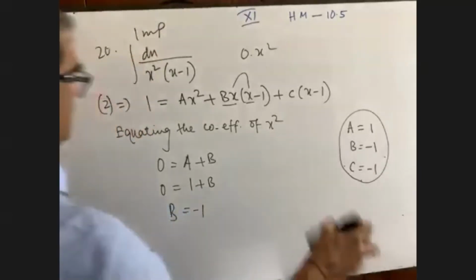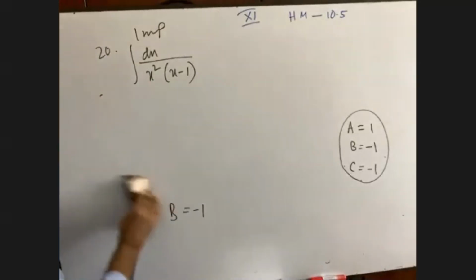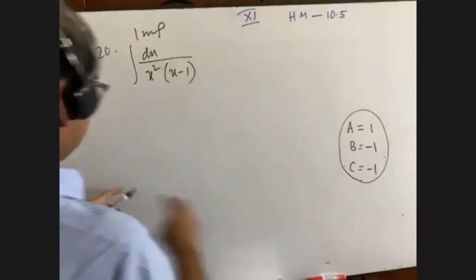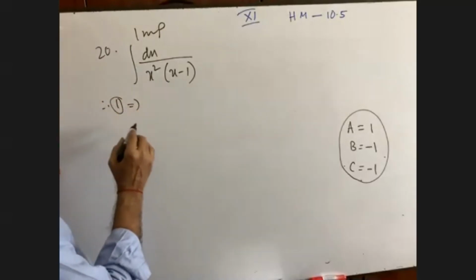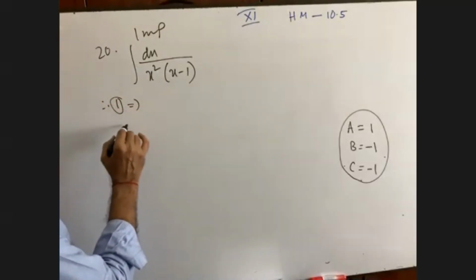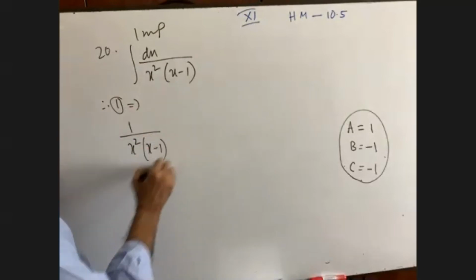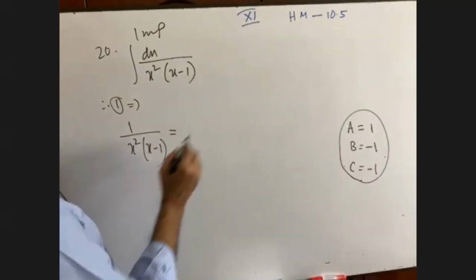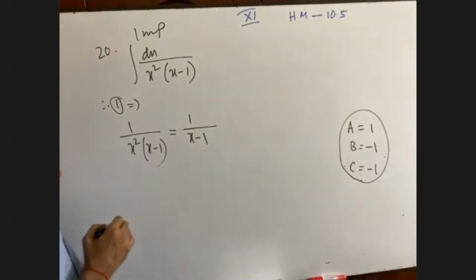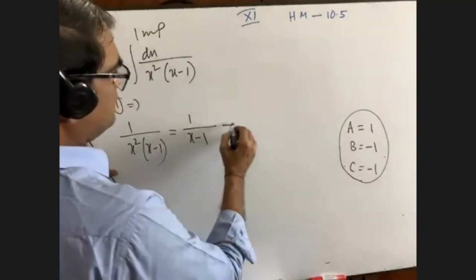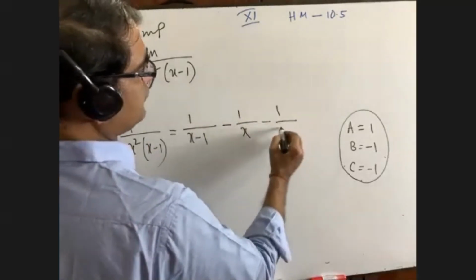Yes, sir. Okay. Then we can write down, therefore 1 by x square into x minus 1: a equals 1, a by x minus 1, then b by x, then c by x square.